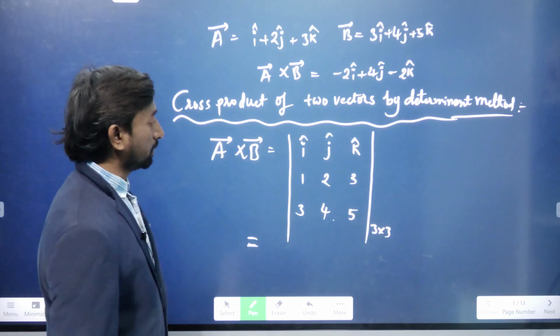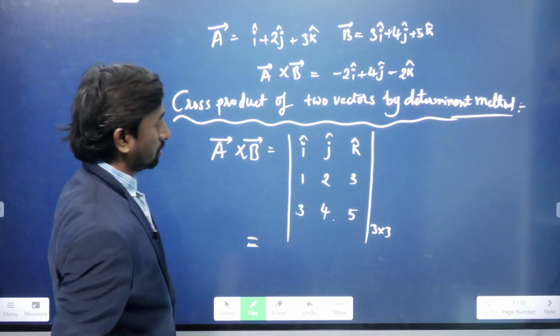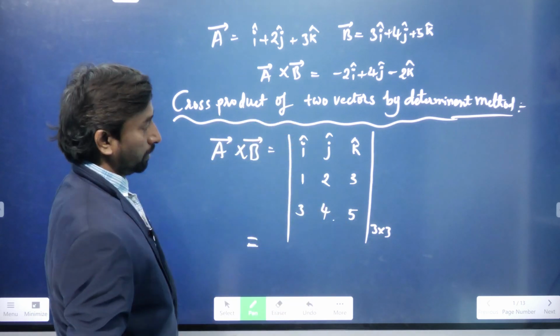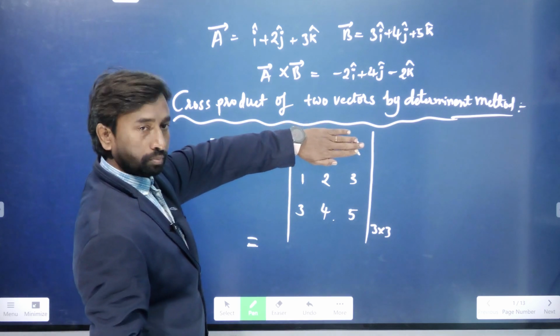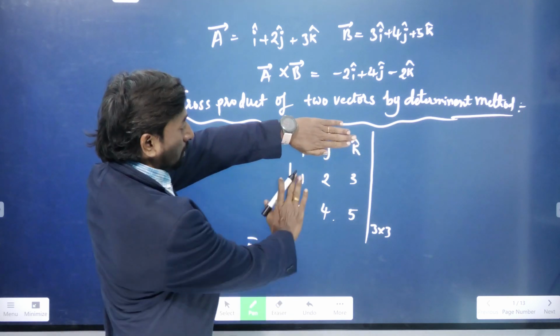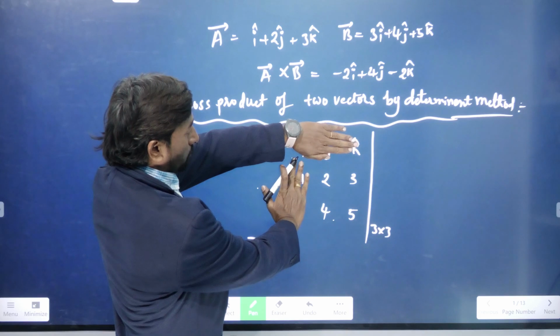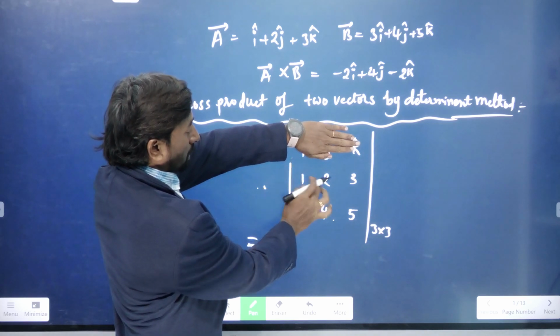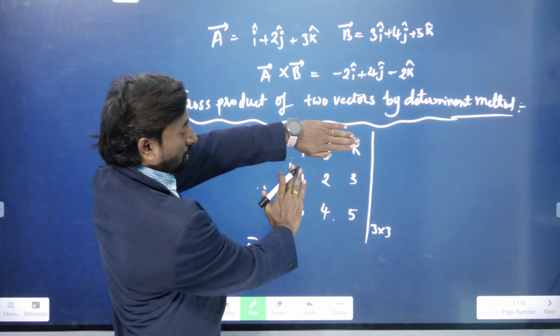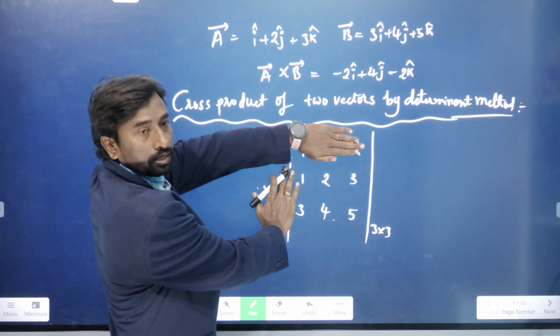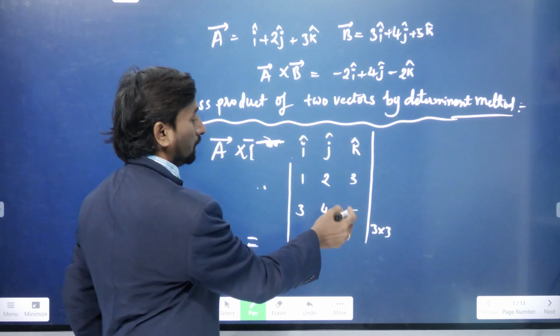In the 3 by 3 matrix, to find the determinant, we first close the first row and the first column. Then we see 4 digits, that is 2, 3 and 4, 5.